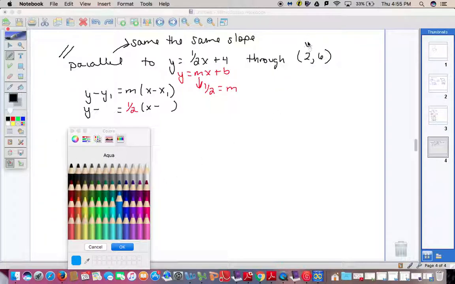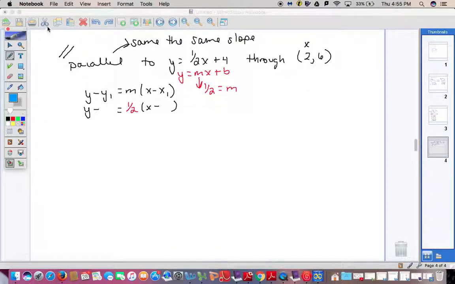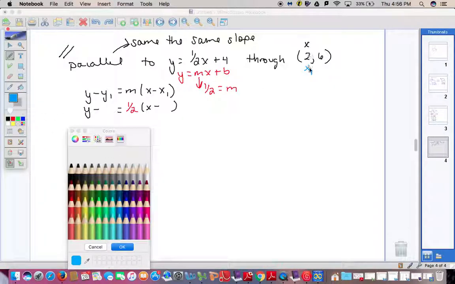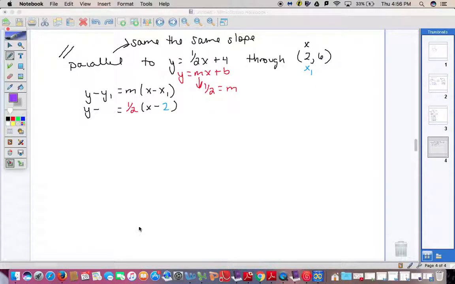So I have that this is my x1, so I'm going to substitute the 2 in for x1. I've got that my 6 is my y1, so I'm going to put that here.